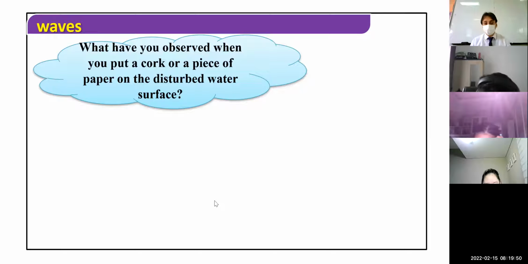When you put a cork or a piece of paper on the disturbed water, again you are at the same place near a pond, and you have already created ripples. Now the question is, what do you observe when you put maybe a plastic ball? What happens, children? I want to hear from some students.